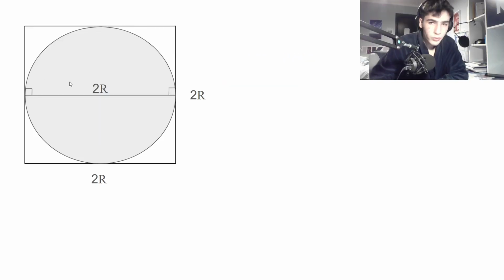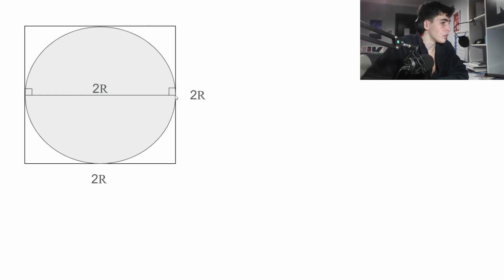Okay, so first we have to discover that the diameter of this circle is equal to the sides of the square. This diameter is perpendicular to this side and this side. And we know that the lower and top sides are perpendicular also to the sides on the sides.